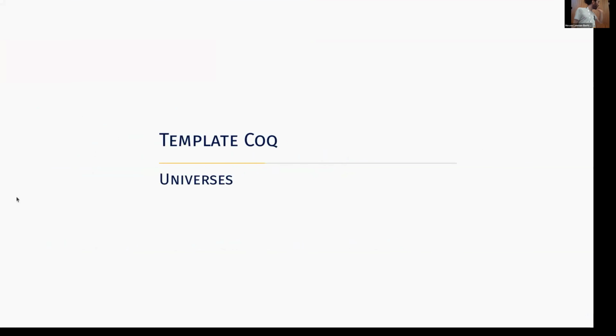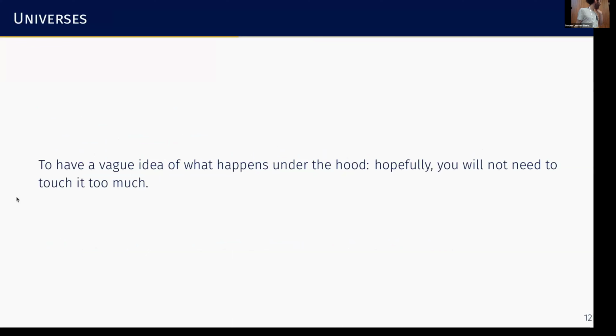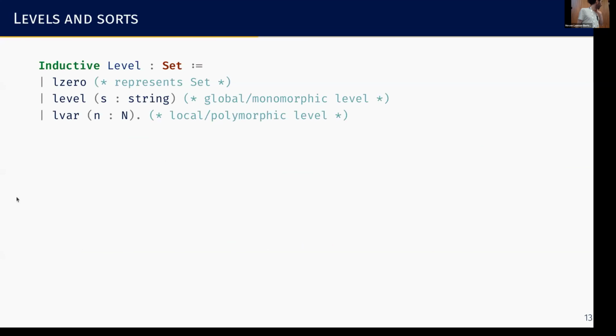And the last thing, which I'm not going to go into too much, is universes, just to have an idea what's happening under the hood. The most bare bone representation that we have is these levels. If you've ever played with universes in Coq, you know that there are basically three kinds of things. I'm not talking about Prop and SProp, just the type level. You have Set, which represents the lowest level of type.